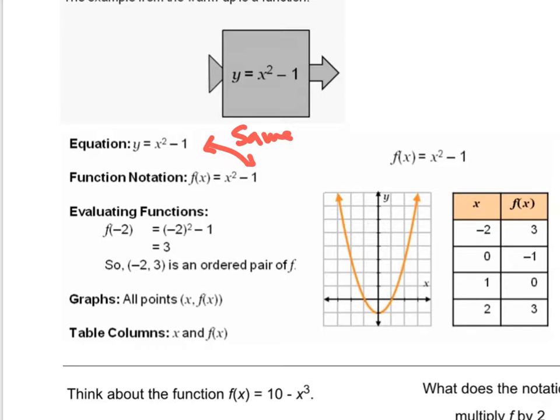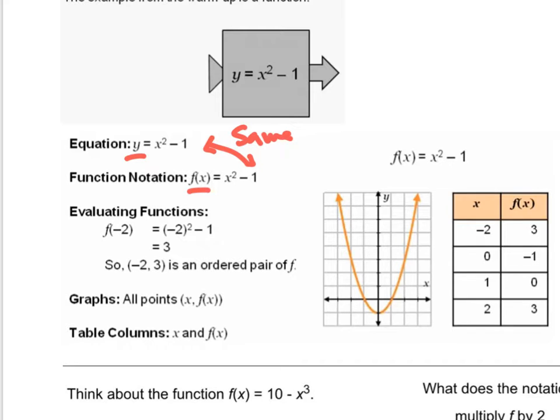F of x is a fancy word for y. So if I wanted to use function notation, I'll use the notation f of x, as opposed to just saying y. You can still call this a function, but this is not in function notation. This is in function notation when you have that. So that's what we should do when we have a quiz question or something, if it's asking you about function.